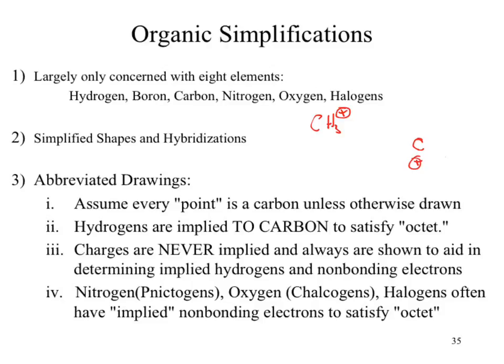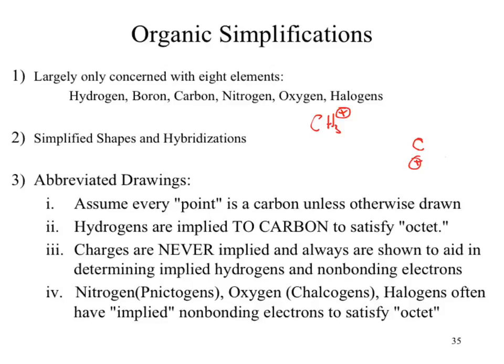Okay? Nitrogen, oxygen, halogens often have implied electrons. And we're going to end on that one being a really important topic. Okay? I'm going to try my best this semester, in everything I give you, to show all the lone pairs. That's because I want you to show all the lone pairs. And that's because those are electrons that are able to react.